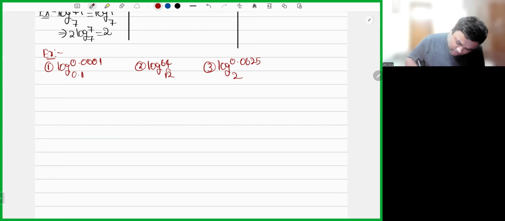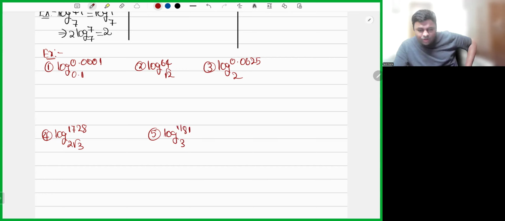Next, fourth one, log 1728 to the base 2 root 3. Fifth one, log 1 by 81 to the base 3. 5 questions. Take around 4 minutes and solve them and tell me the answers.